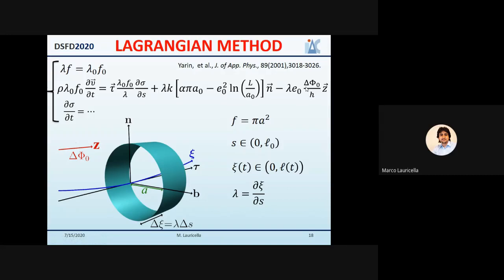And if we split the jet into n segments, where each one is denoted by an initial S value and a final S value, we can split the jet in n segments. In practice, we have to understand here that each S value is frozen on the jet and evolves with the jet segment.